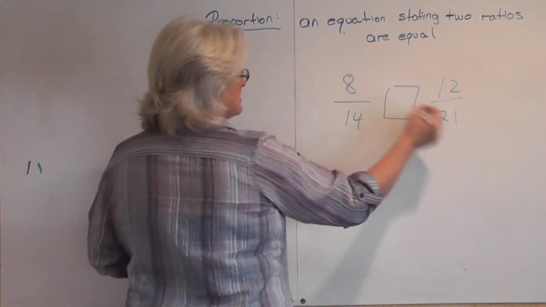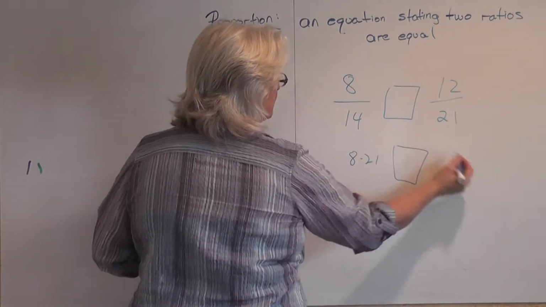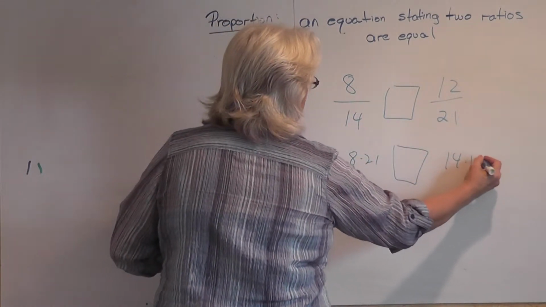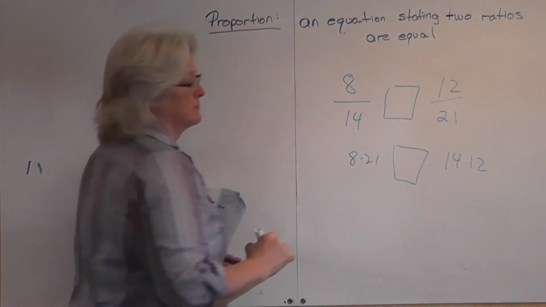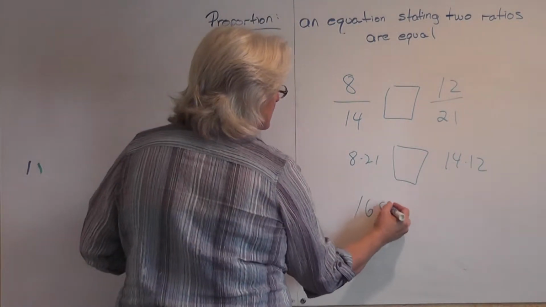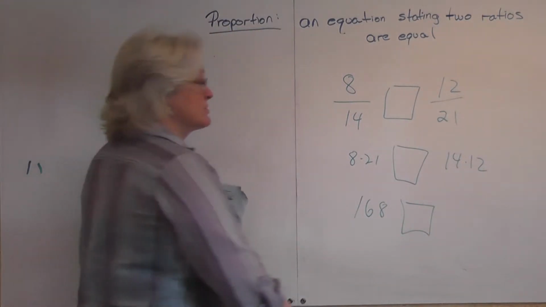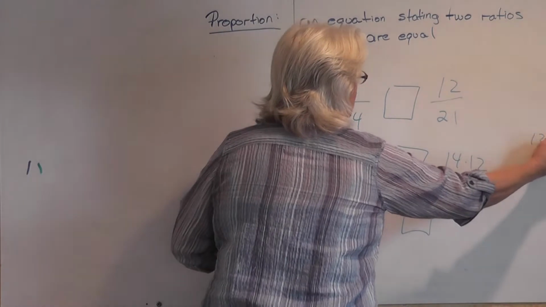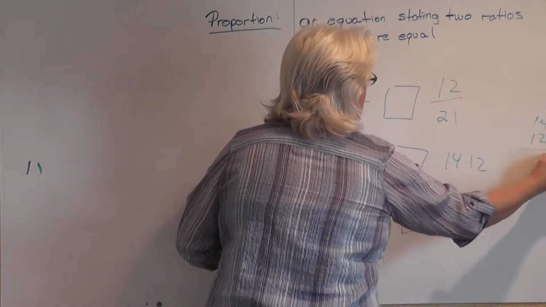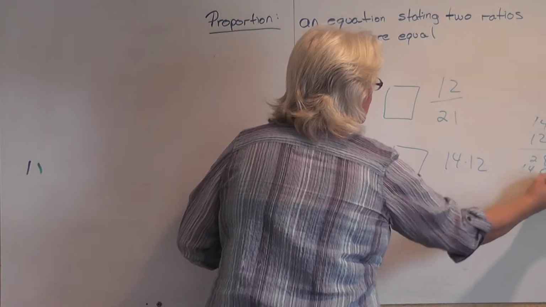Cross multiplication says 8 times 21, 2 8s are 16, 168. 14 times 12, not in the mood to do that, but I'm doing it in my head. 28, oh my, interesting.